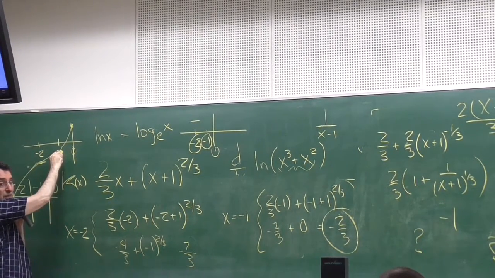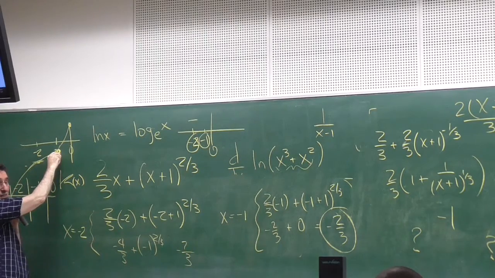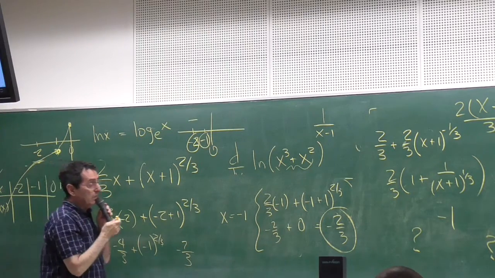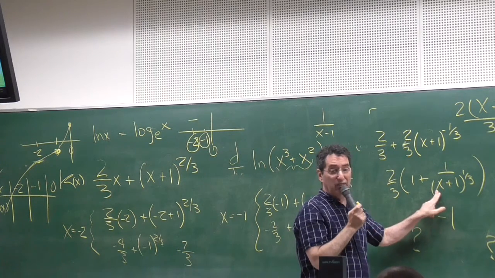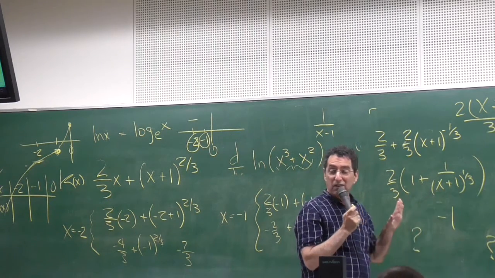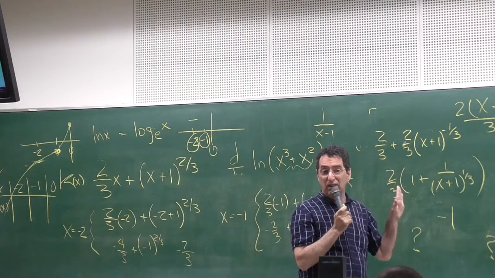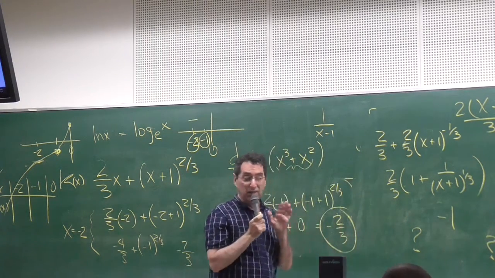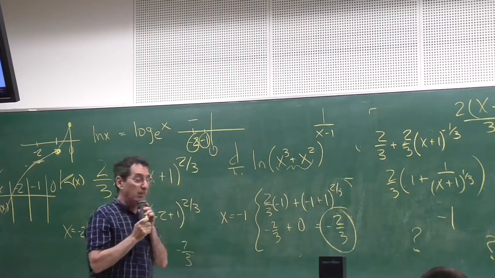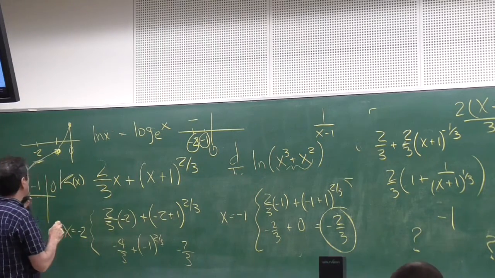Because when the denominator is 0, this is infinite. So at -1, the slope is infinite, or like vertical. Okay, so what does that mean about this picture?